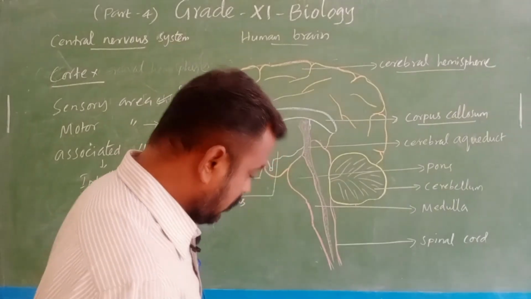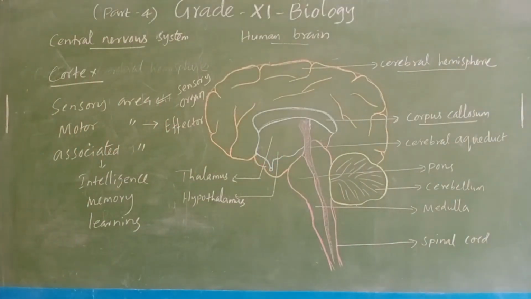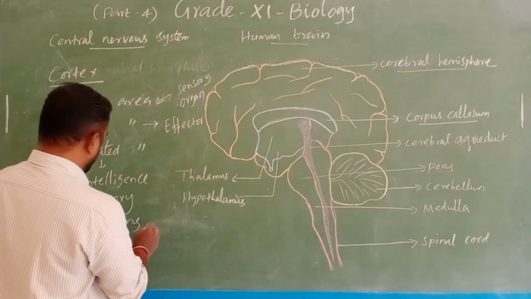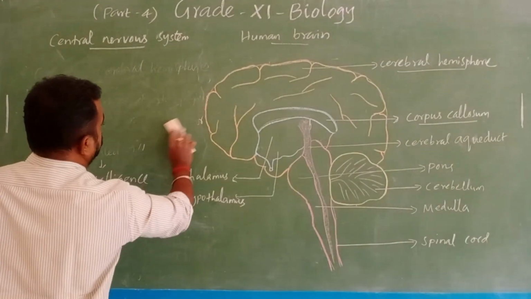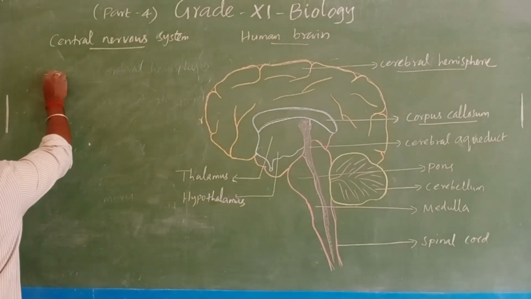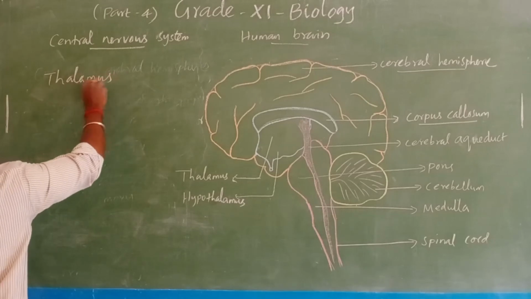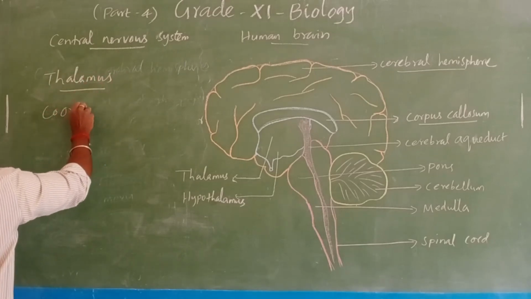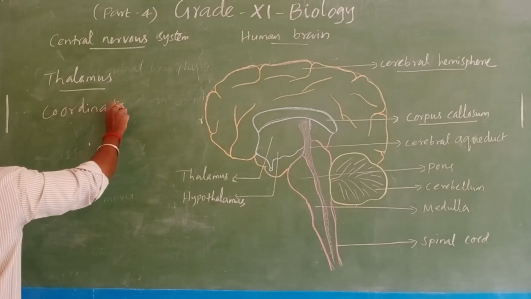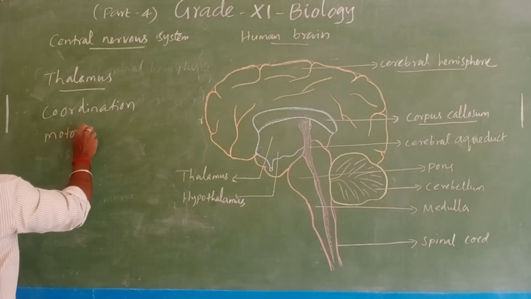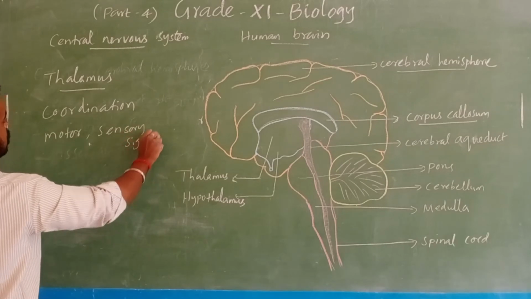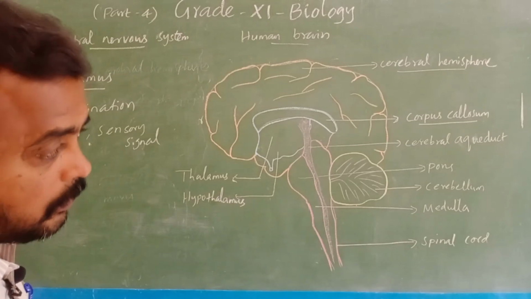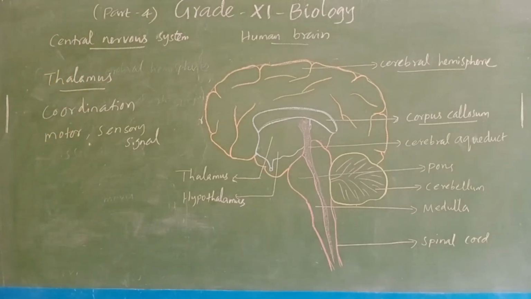Thalamus function. Here the thalamus function is to coordinate the motor and sensory signals.